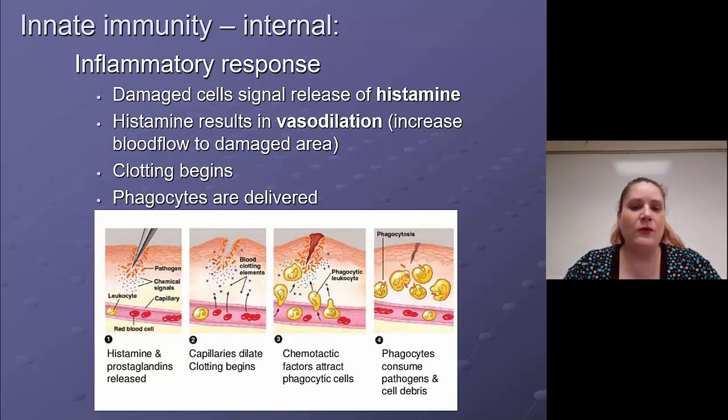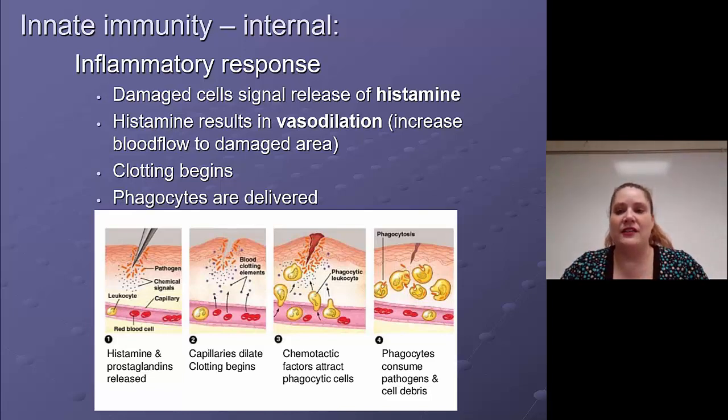And so they're going to go out. Clotting factors are going to go out, so that now blood is going to start to clot in that hole that was left behind by that prick. And that clotting is going to fill up that space. So now you don't have an open wound anymore. The phagocytes are going to go out, and they're going to start to gobble up and munch all those little orange guys, whatever the pathogen was that came in.